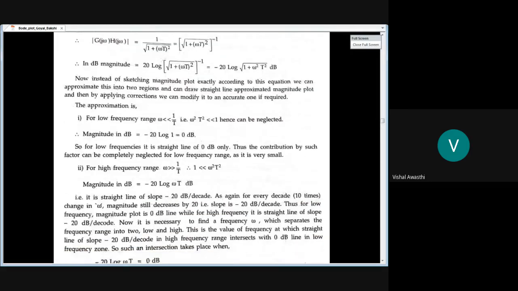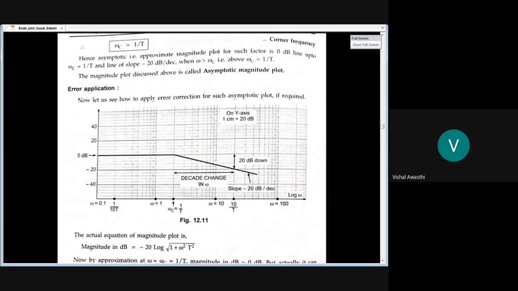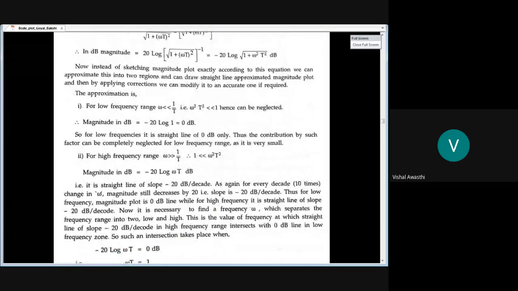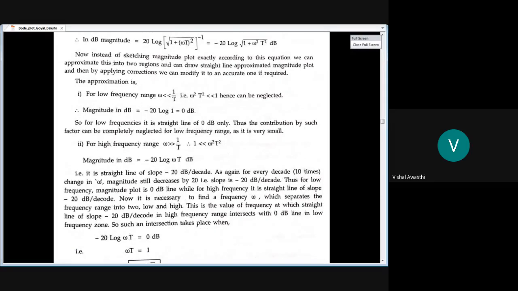So when you compare these two magnitudes, just see on your screen. When you have low frequency, you are having 0 dB, and when you are having the high frequency range, then its magnitude is minus 20 log omega t. So when you compare these two, omega t is equal to 1 or omega is equal to 1 by t.